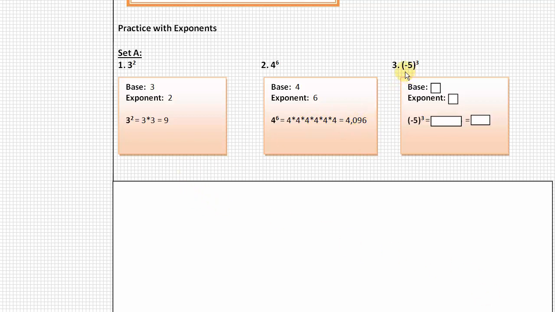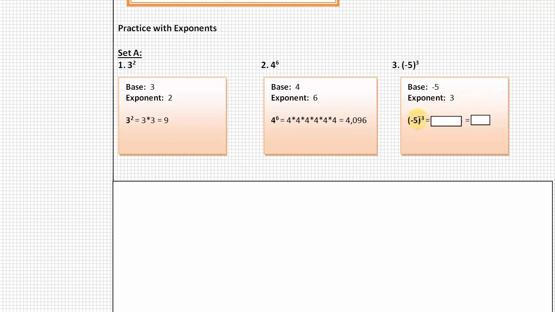Let's try one with a negative. So for number 3, we have negative 5 raised to the 3rd power, also sometimes referred to as negative 5 cubed. So if you haven't tried this one yet, go ahead and try it. You said that negative 5 is our base. I would agree. And that makes 3 our exponent.